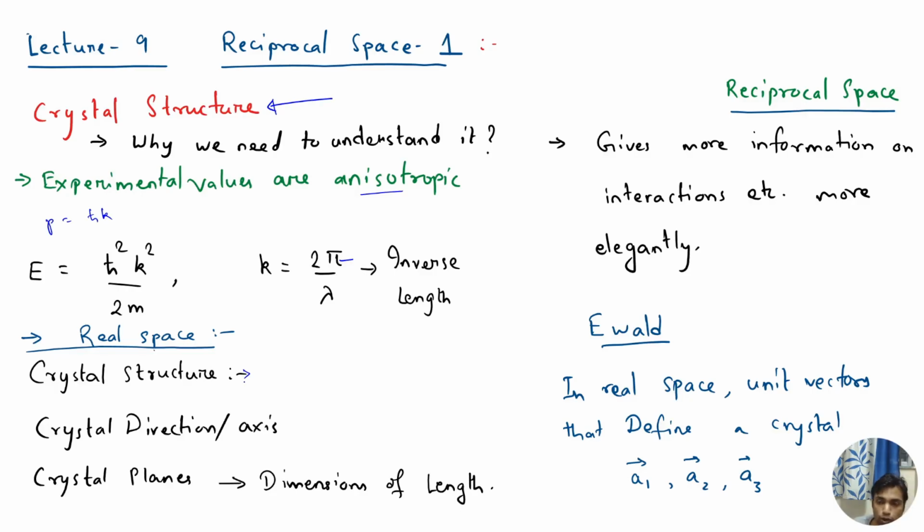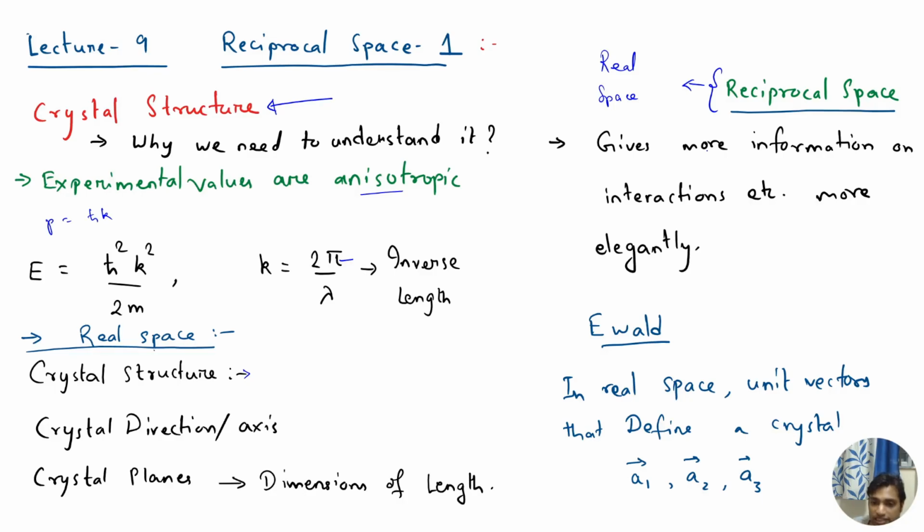Today we will be talking about something called the reciprocal space, which will give more information on interactions. So what is this reciprocal space? It is related to the real space in such a way that it is just an equivalent representation, but it gives more elegant information on the interaction of the waves which interact with it.